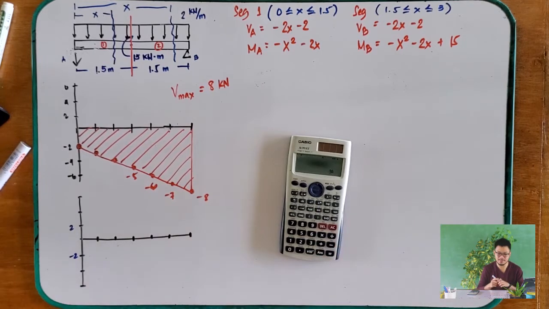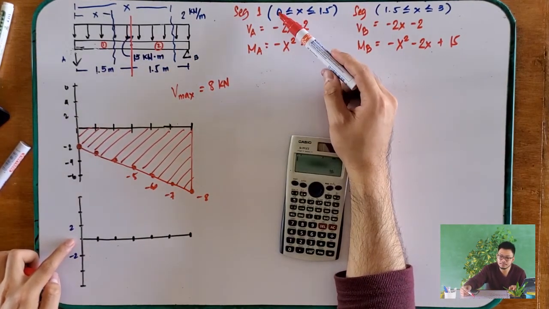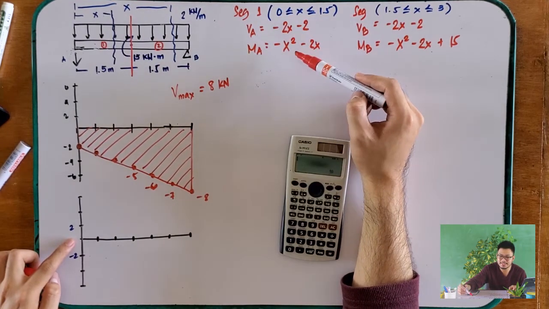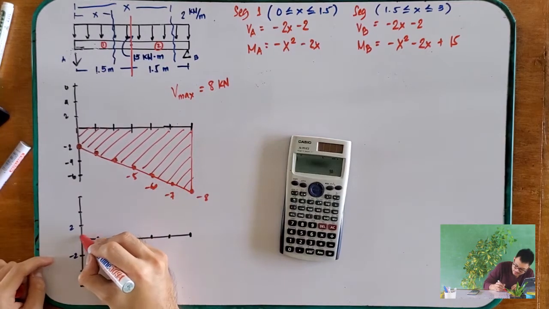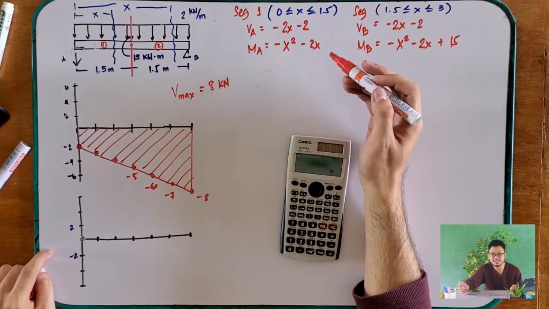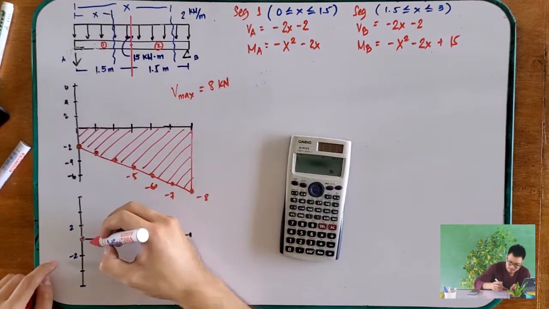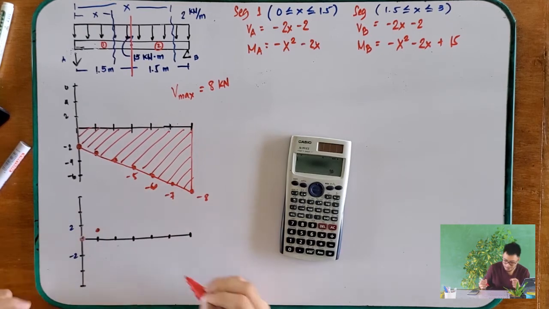Next, this is our moment. Okay, so let's graph this one. What is your MA if your x is 0? That is, of course, 0. How about your MA if your x is 0.5? That is 1.25, so it's somewhere right here.